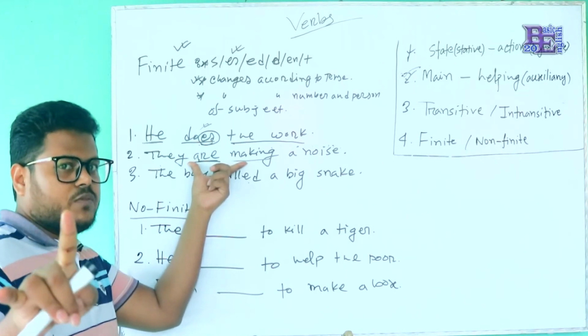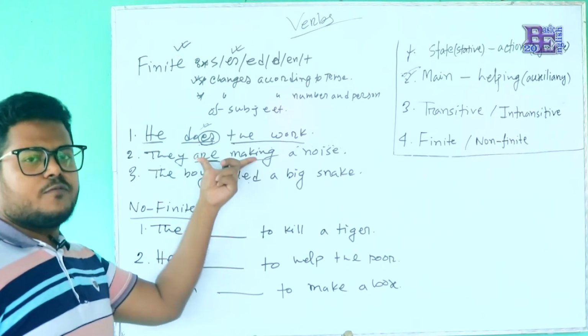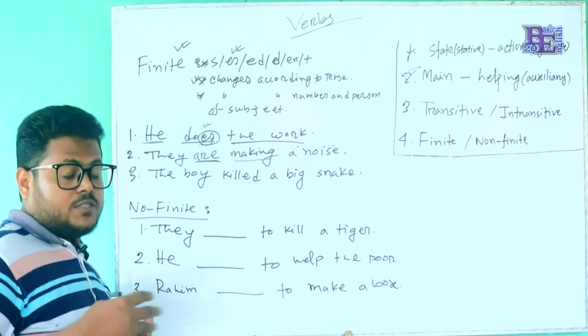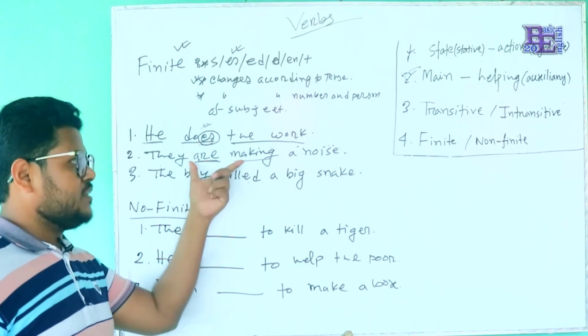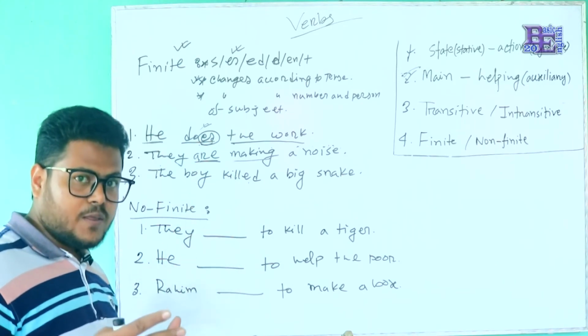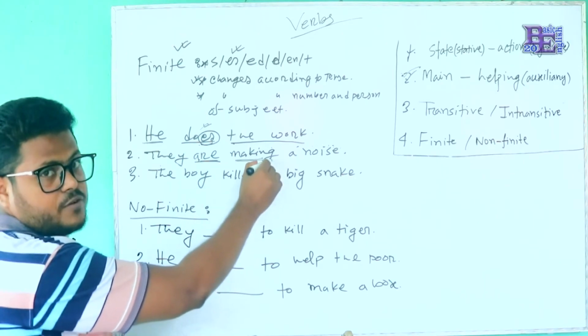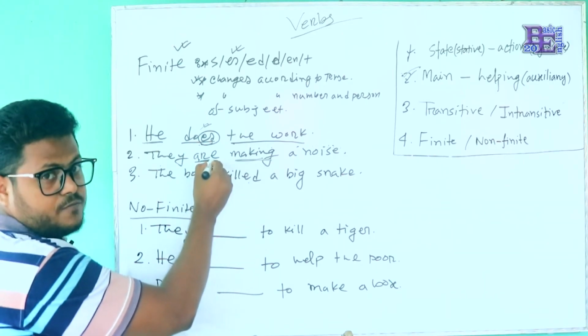As I've already told you, a finite verb will take help from another verb to express the tense, not to express meaning. So here this is a finite verb and this is a helping verb.